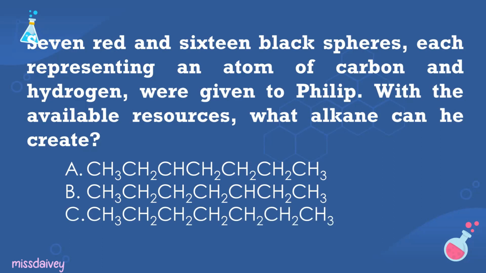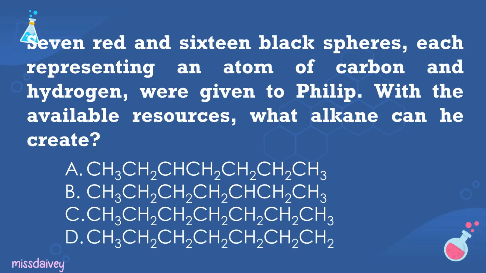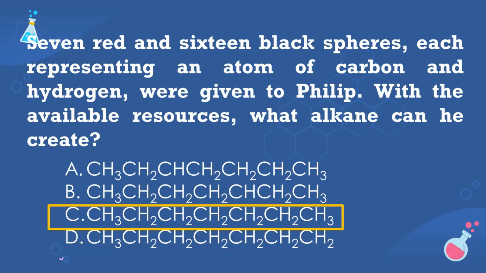C, CH3, CH2, CH2, CH2, CH2, CH2, CH3? Or D, CH3, CH2, CH2, CH2, CH2, CH2, CH2? The correct answer is letter C, CH3, CH2, CH2, CH2, CH2, CH2, CH3.